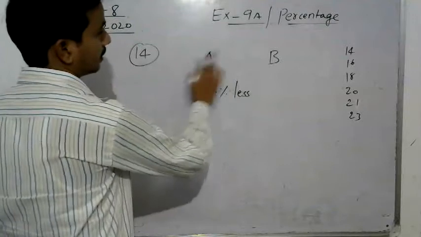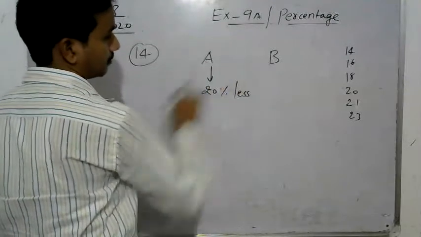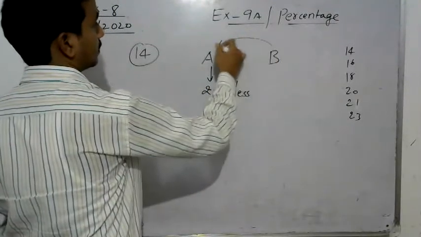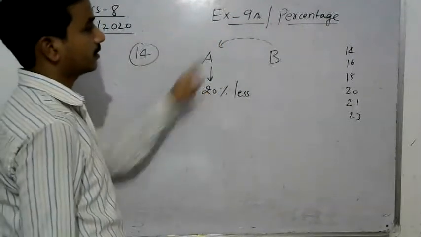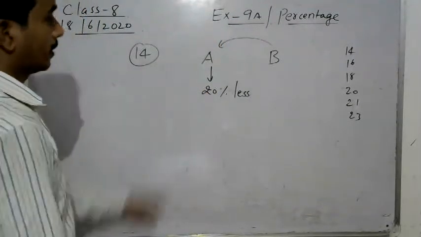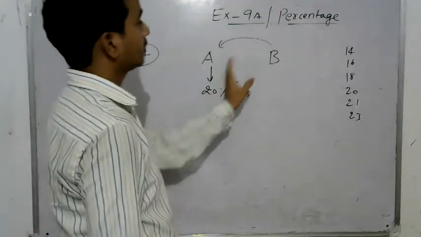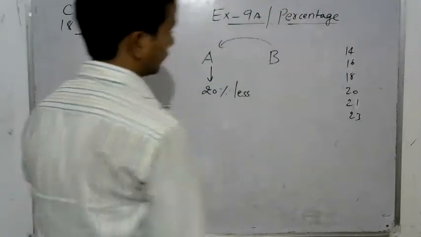So A's income is 20% less than B. By how much is B's income more than that of A?